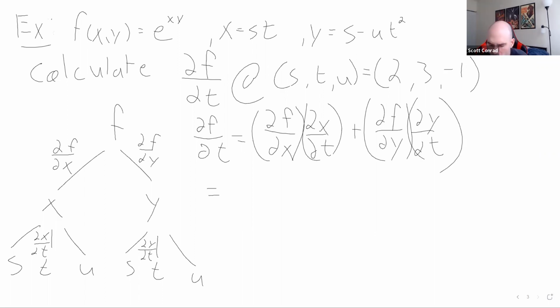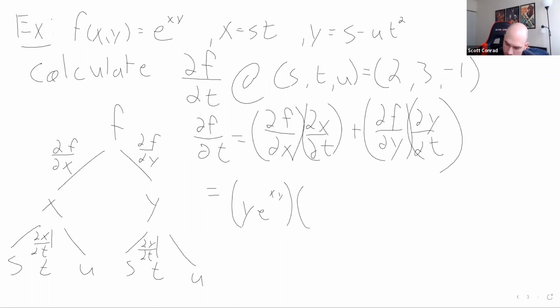All right. So the partial of f with respect to x. f is e to the xy. What's the derivative of e to the xy with respect to x? It's e to the xy times y. So we get y e to the xy.